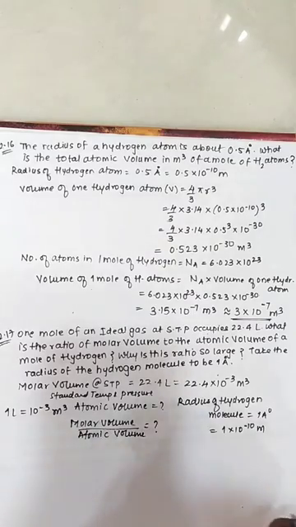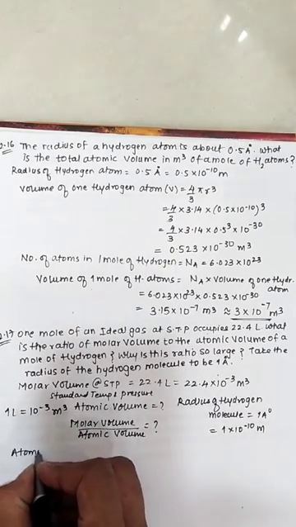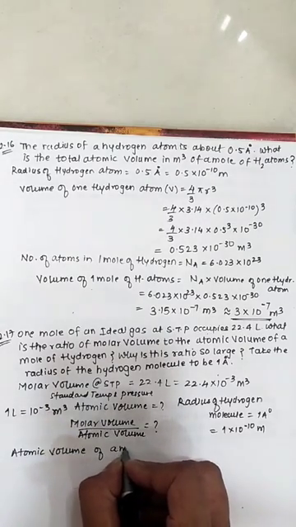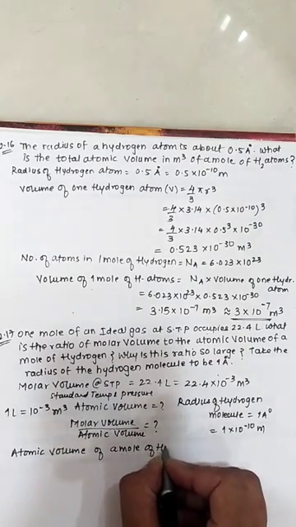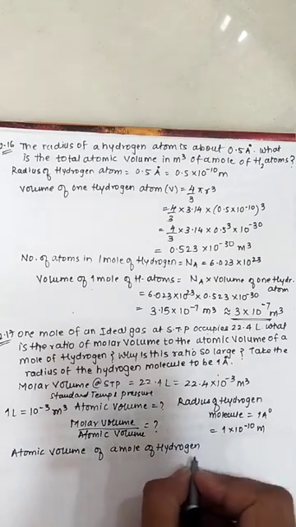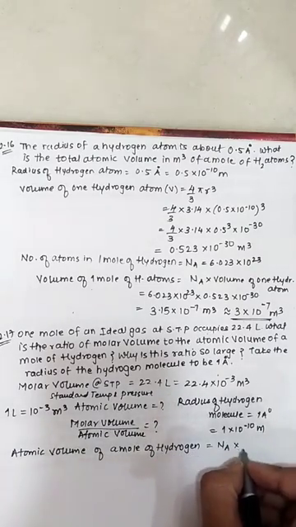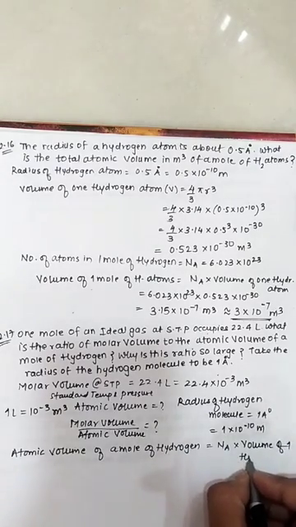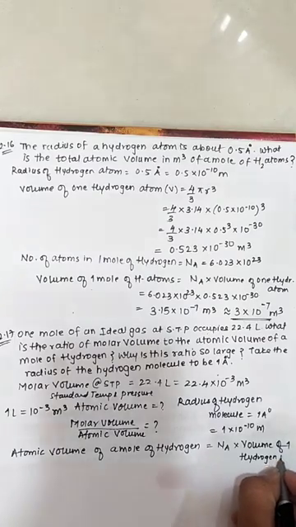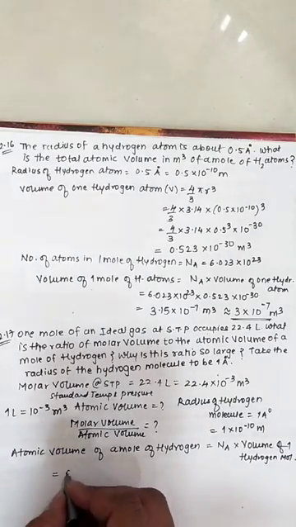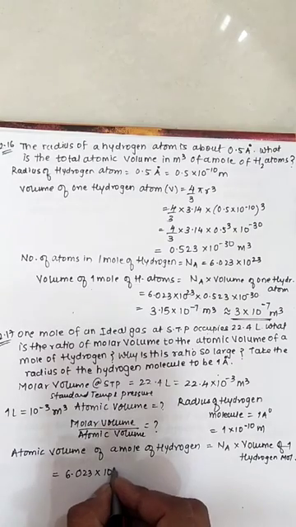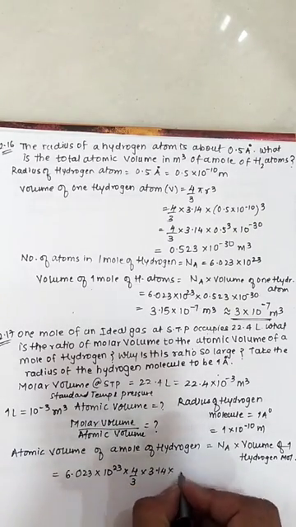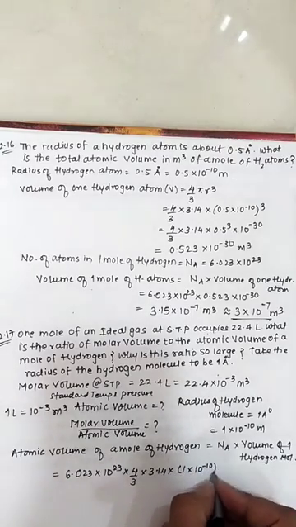Clear? Now we can calculate the atomic volume of a mole of hydrogen. A mole of hydrogen is simply equal to Na into the volume of one hydrogen molecule, yes or no? So Na is 6.023 into 10 power 23. Volume of one molecule is 4 by 3 pi, that is 3.14, r cube, 1 into 10 power minus 10 whole cube.